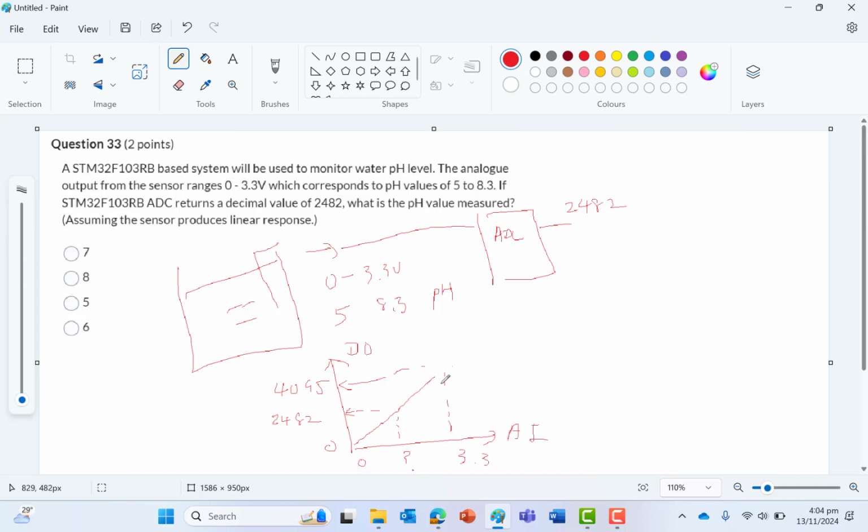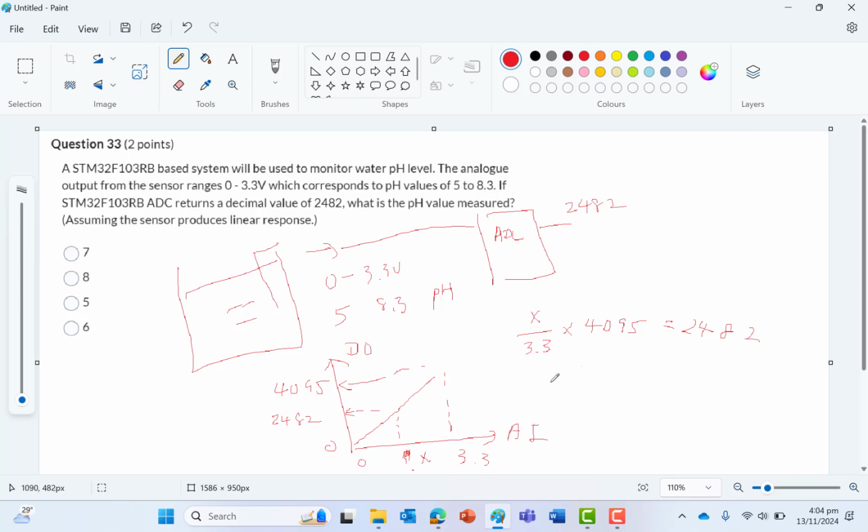I just call it x. So x over 3.3 times 4095 is equal to this answer, 2482. So you work out the x first.